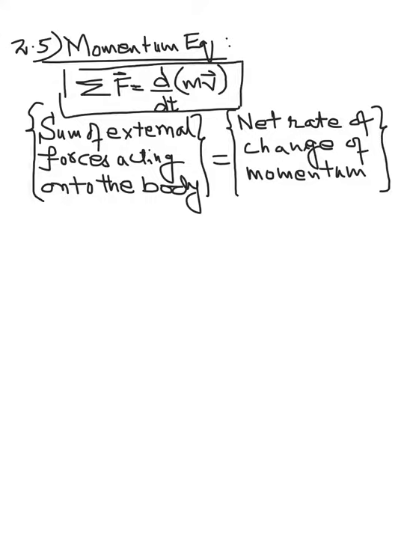The left hand side is the summation of the external forces acting onto the body. Those external forces can be pressure force, body force due to the weight of the body, and viscous force due to the friction, that shear that acts. That is the left hand side, and the right hand side will be the integral form of the equation that we already have.